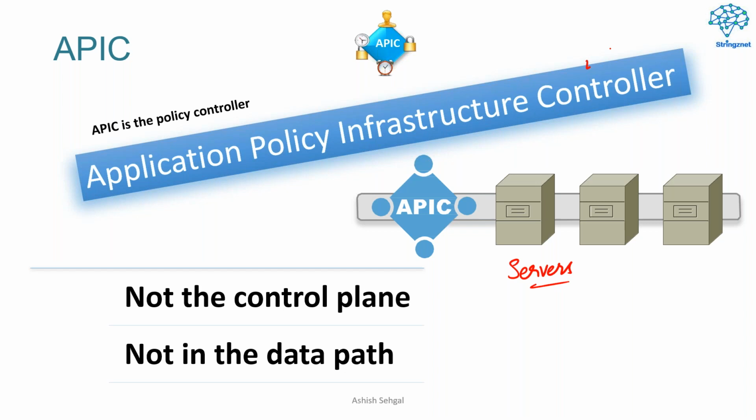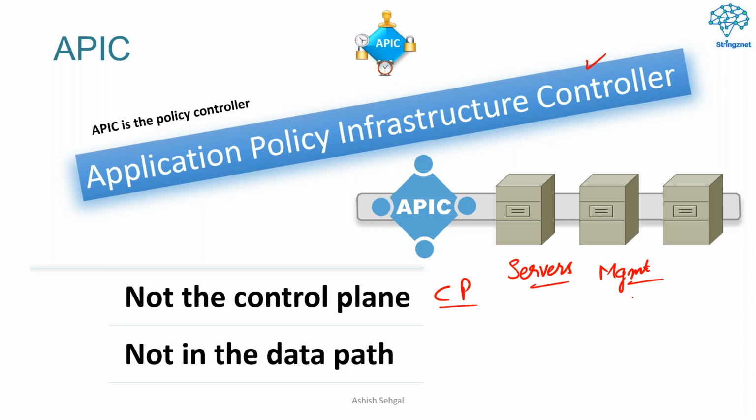We call them controllers. They are not at all involved in any intelligent activity called control plane activity. They are not at all involved in any data plane traffic communication. They are just responsible for the management activities.